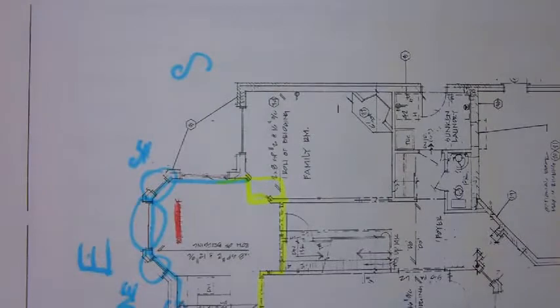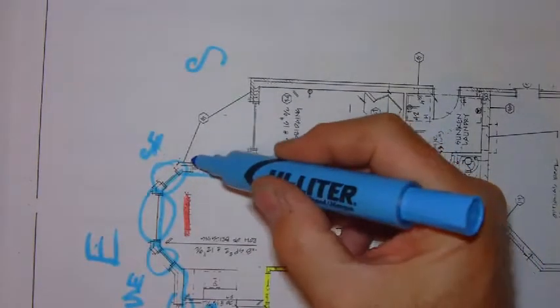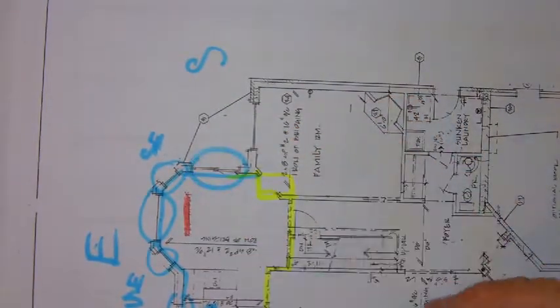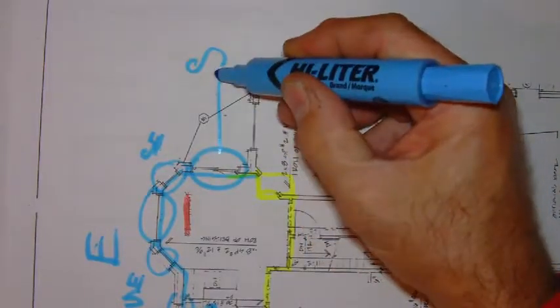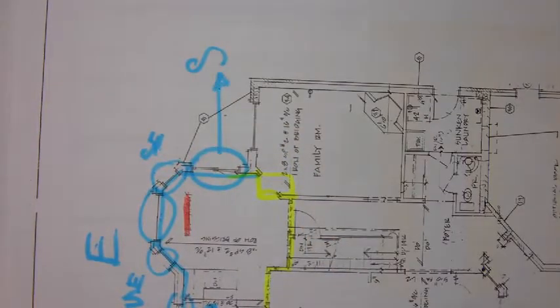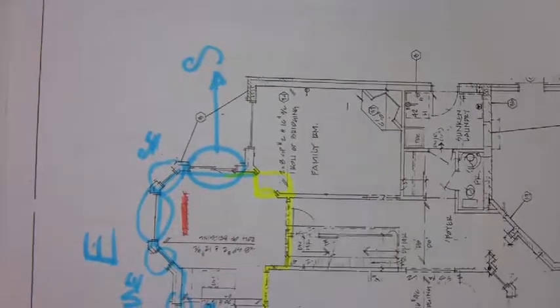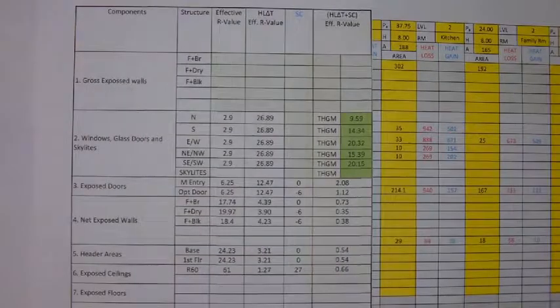Finally, in the kitchen, we have the sliding glass door. The sliding glass door is facing south, and we determined that that door was 35 square feet, and so we've got 35 square feet facing south.